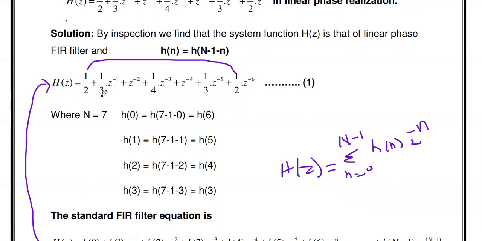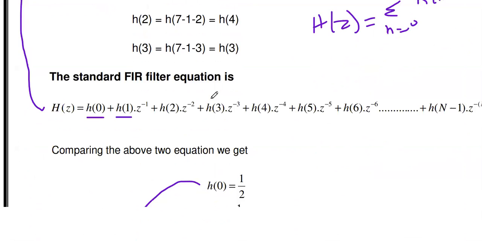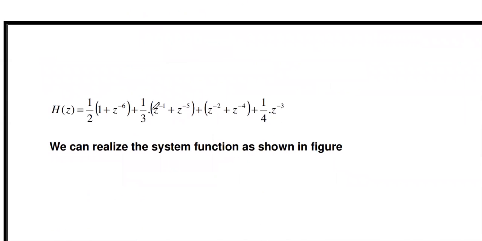Similarly, you just combine these two: 1 by 3 z inverse, 1 by 3 z power minus 5. Taking 1 by 3 outside, we can write it as z inverse plus z power minus 5. Similarly, you combine z power minus 2 and z power minus 4. So we can reduce the H of z equation like this.